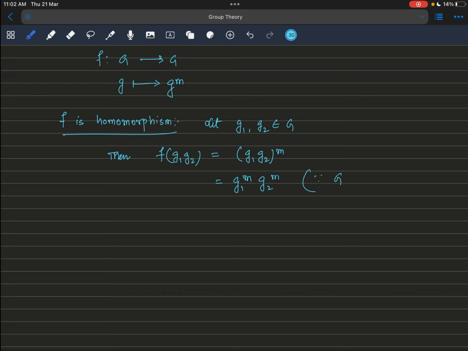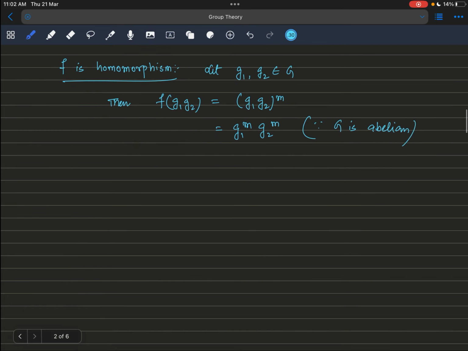Since G is abelian. And this is nothing but f of g1 times f of g2. Therefore f is a homomorphism.